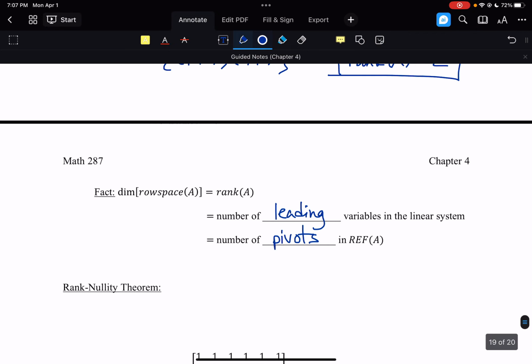Now, every column in a matrix is either going to be pivoted or unpivoted. There is no alternative option. It has a pivot or it doesn't. So bearing that in mind, the rank of A plus the nullity of A equals n, the number of columns in A.